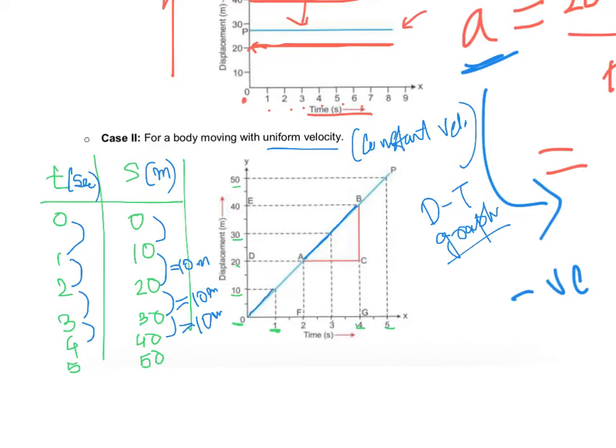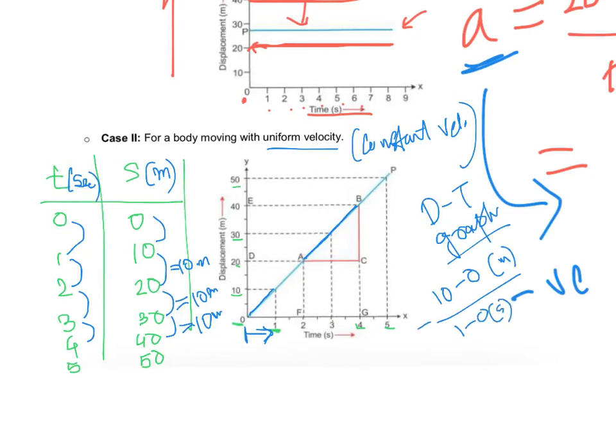So we would find what is my change in displacement from 0 to 1 second. What is my change in displacement? 10 minus 0 meter. This is from 0 to 1 second I'm checking, from this point to this point. And what is my change in time? The change in time is 1 minus 0 second.